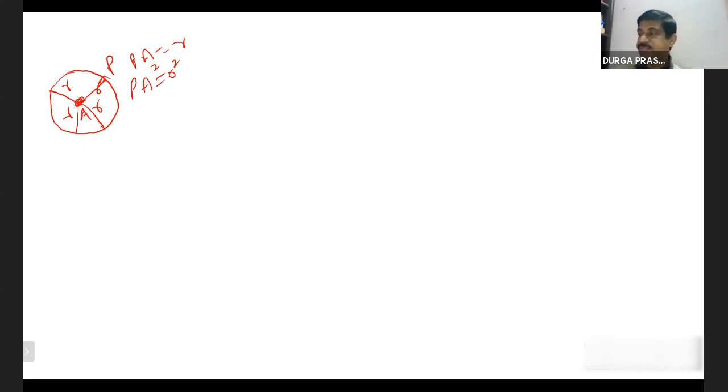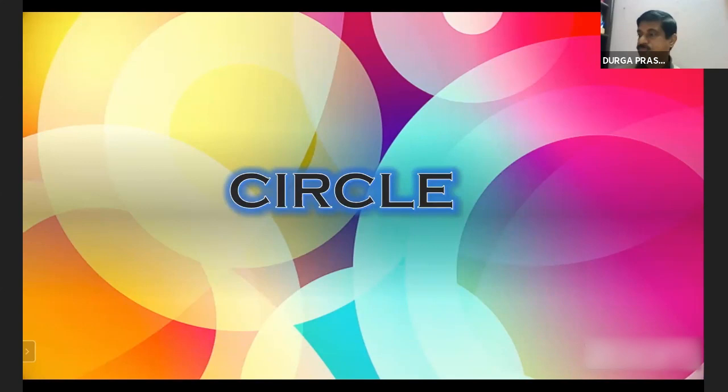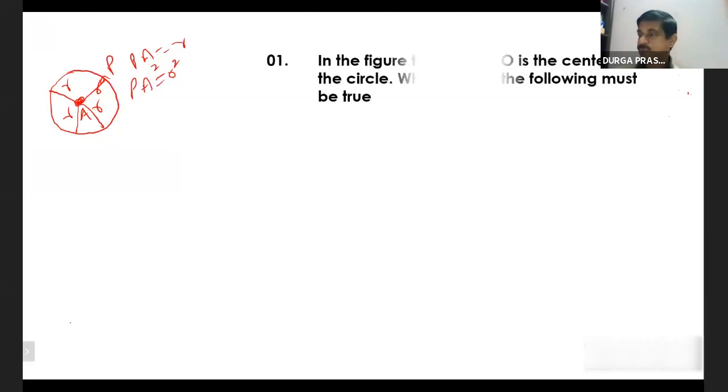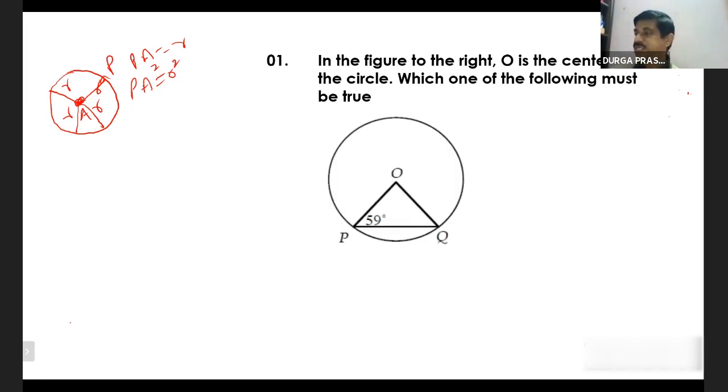So let us see what the question says. Here in the figure to the right, O is the center of the circle.